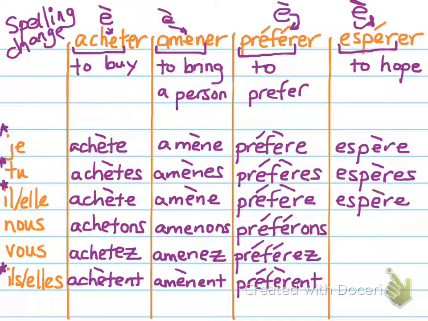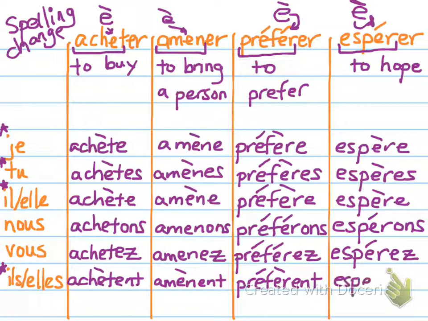We add an E, our accent changes direction. Here, our accent stays the same way it is in the infinitive, and we just add our ONS ending. For vous, same thing. We add our EZ ending, and our accent is as it is in our infinitive. And we add our ENT ending, and our accent changes direction.